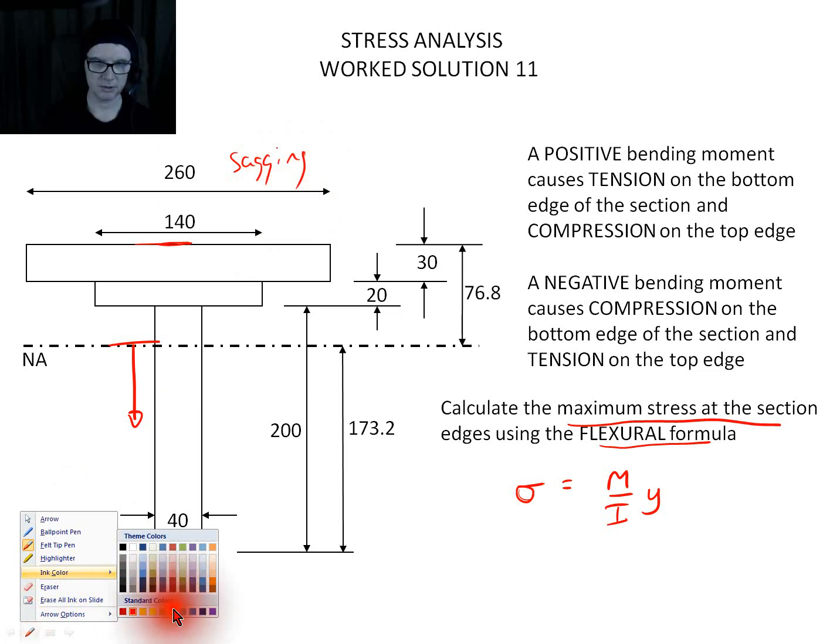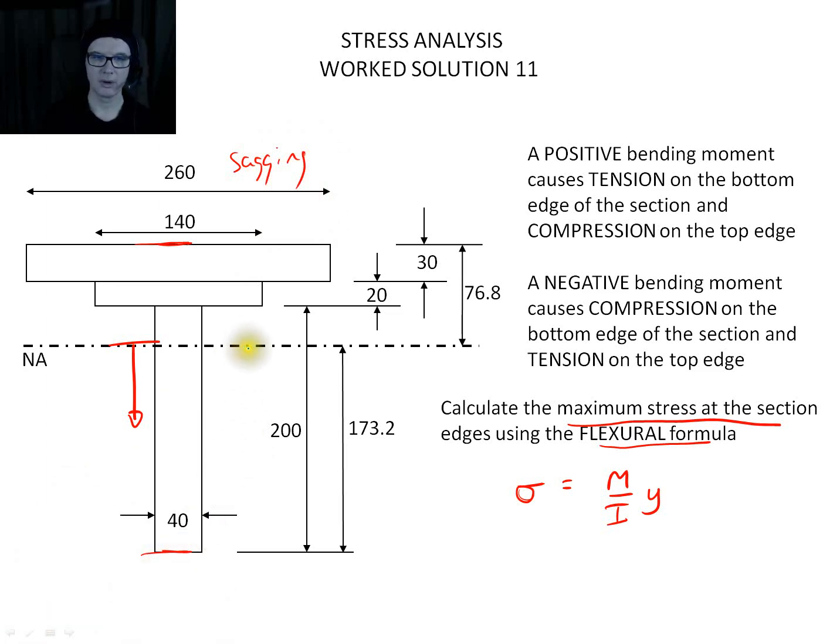Let's go for a nice green. And y will be pointing off in this direction if we had hogging. So if the load's coming from above and the beam is going to be doing something like that, then it's hogging. Sorry, I said the wrong thing there.